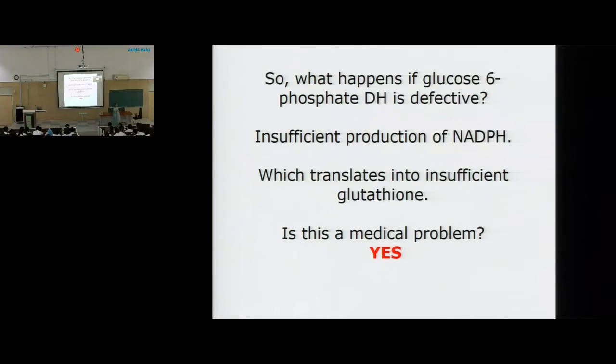What is the function of HMP, tell me? You just read this. What does the HMP shunt produce? Ribose 5-phosphate and NADPH. And what is the function of NADPH?